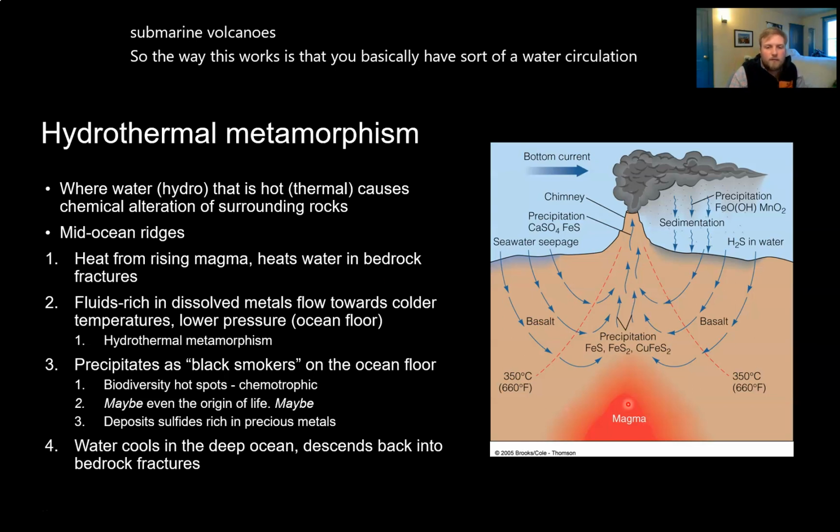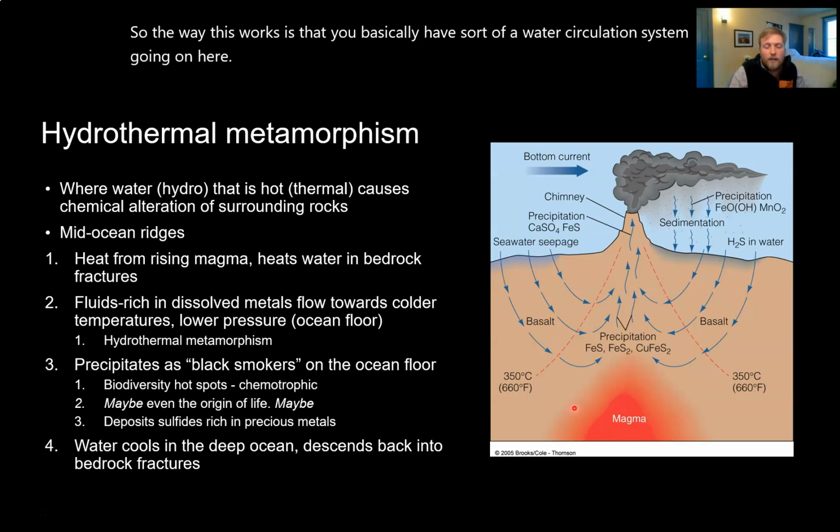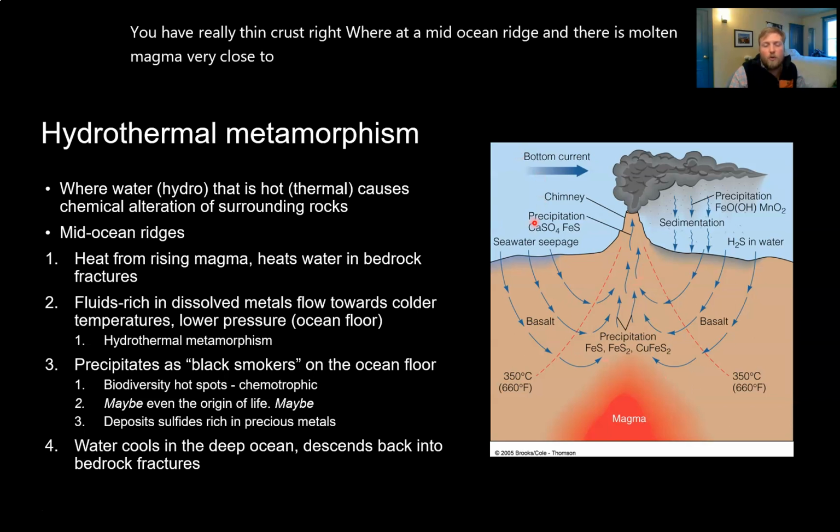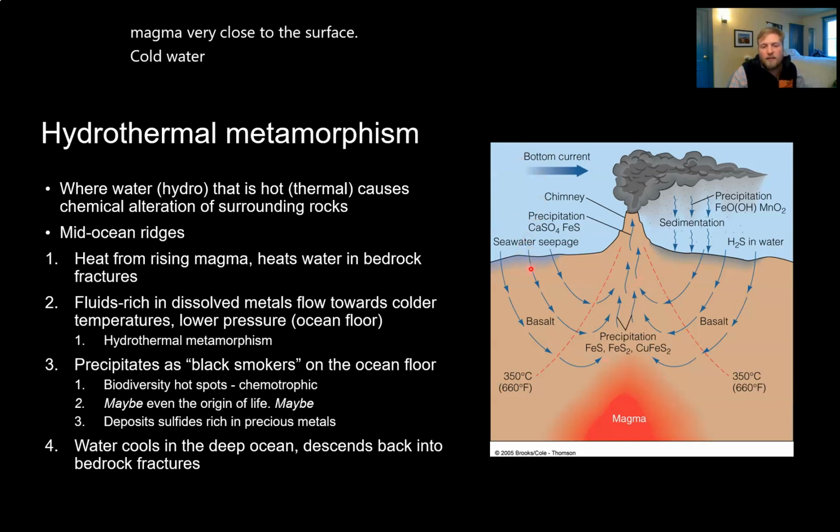You have really thin crust, right? We're at a mid-ocean ridge, and there is molten magma very close to the surface. Cold water from the ocean is seeping through bedrock through cracks, right? It's groundwater. And as it sinks, it comes in contact with very hot surrounding magma.